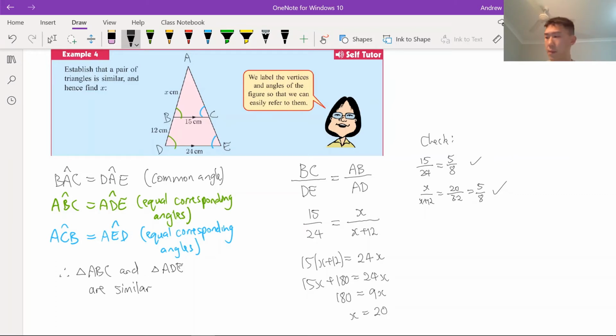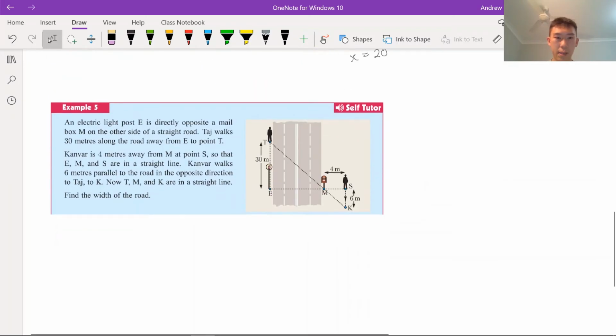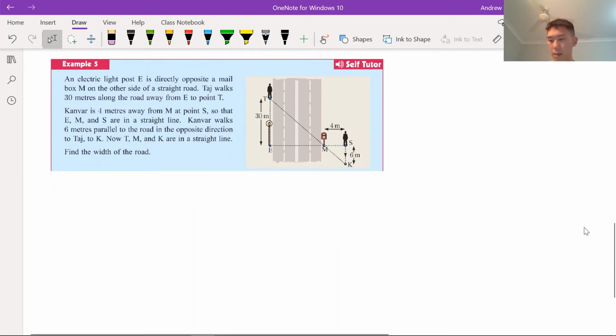Alright, bit of work there, but let's do this last one here, example 5. An electric light post E is directly opposite a mailbox on the other side of a straight road. Taj walks 30 meters along the road. Hang on.